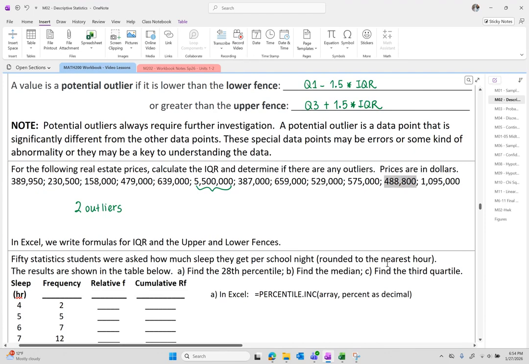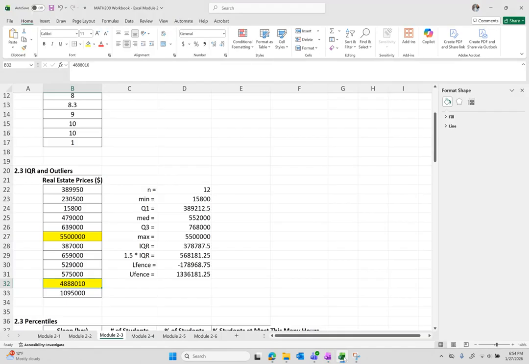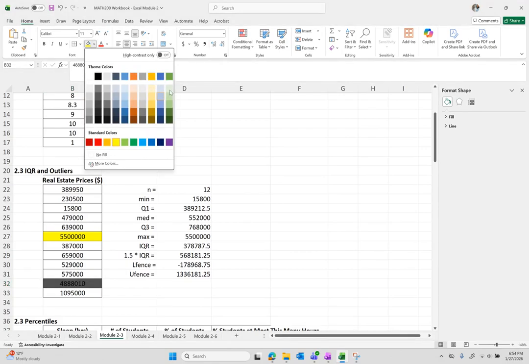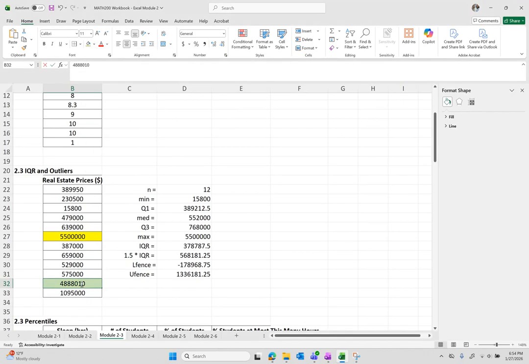The nice thing about Excel is that it adjusts everything for you. So if I realize that I have an error in this cell, let's color it green. I want to correct it, so I'm going to fix the 010 to be just 00, and then Excel is going to recalculate everything and fix my mistake.